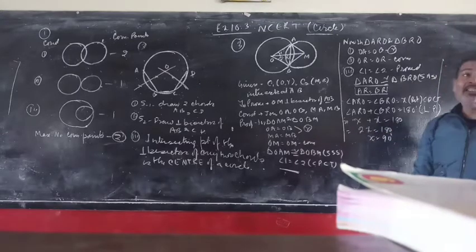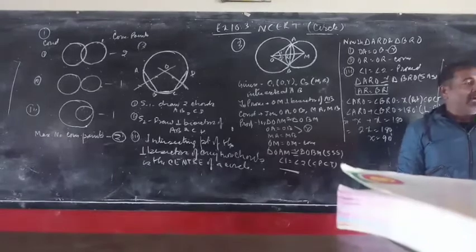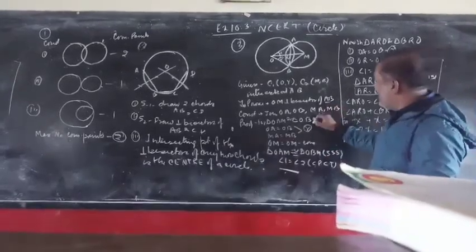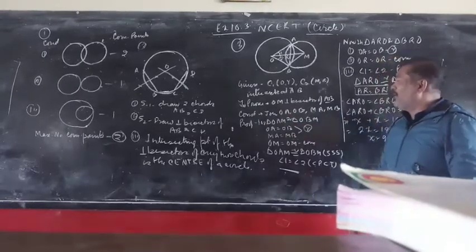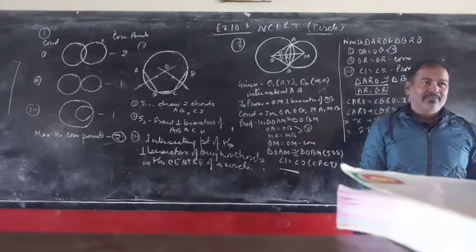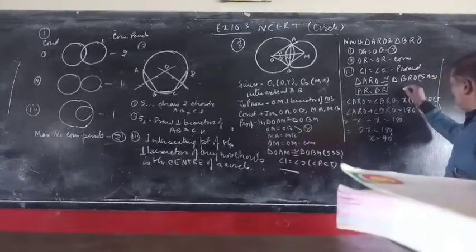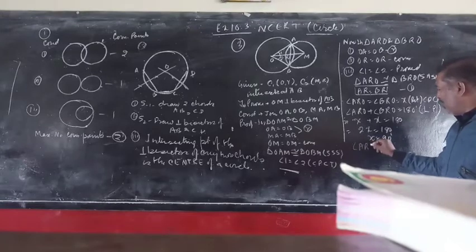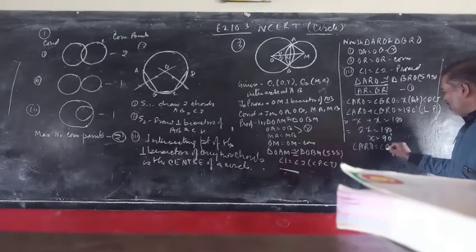So AR is equal to BR and ARO is equal to BRO, which means that OM is the perpendicular bisector of AB. So from 1, angle ARO is equal to angle BRO is equal to 90 degrees.